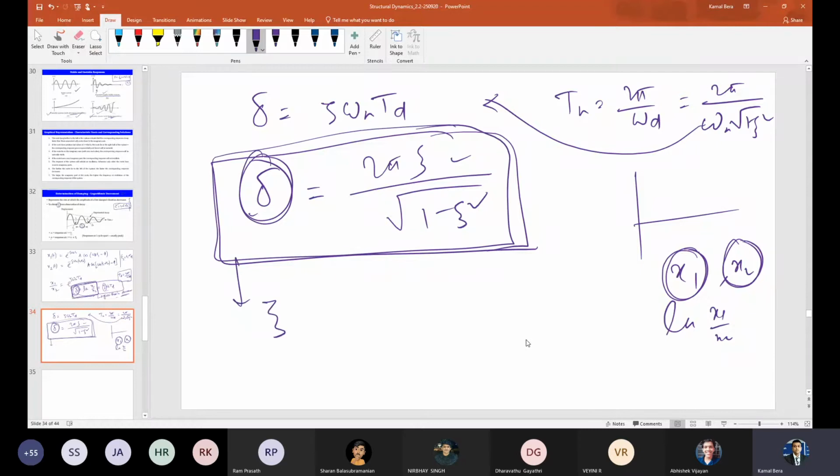What is zeta from this expression? Tell me. Yes.